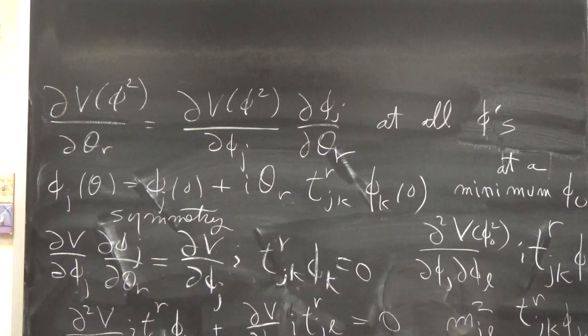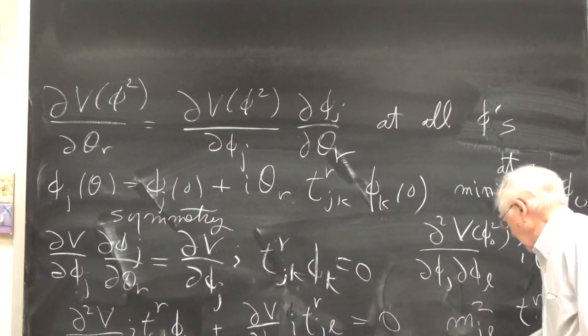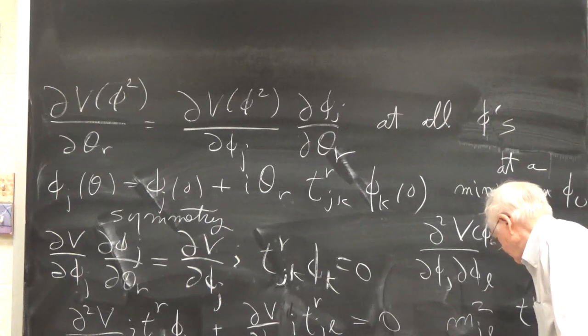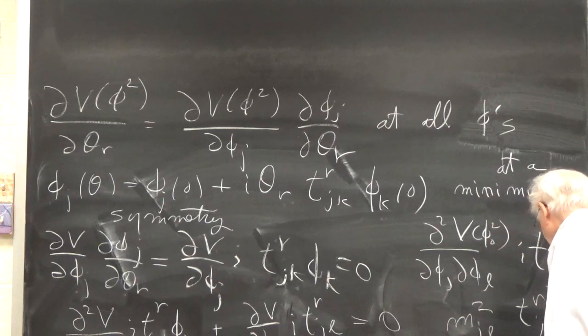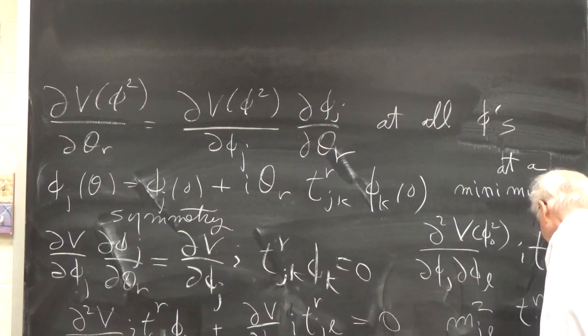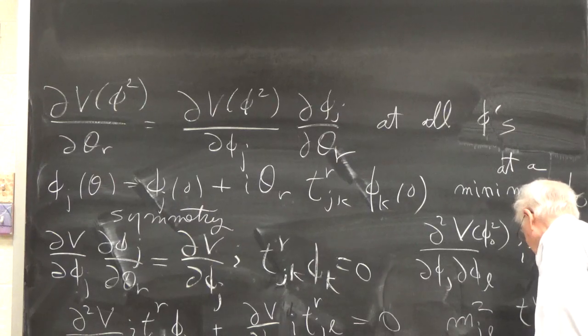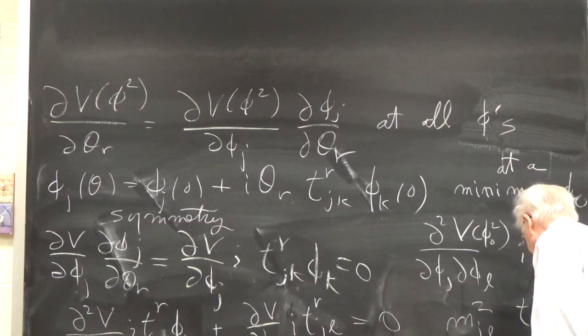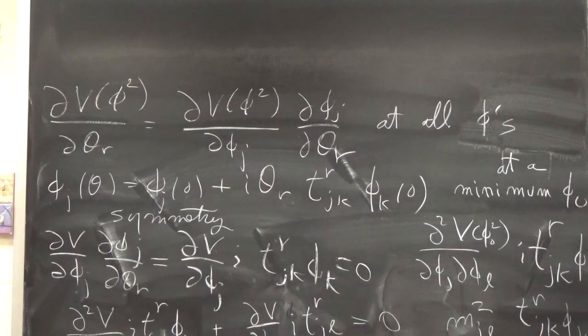What does that say? That says that there's a certain eigenvector, and I'll write it as phi_0 tilde. Phi_0 tilde is T_R,JK phi_K0. So phi_K0 is the values of the N fields at a minimum.